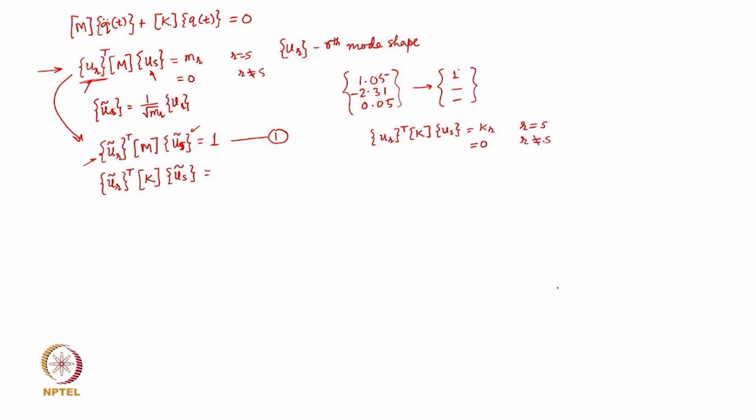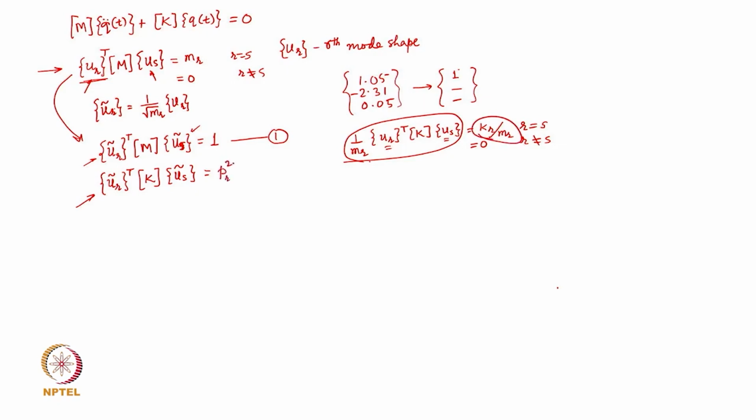to S. So, now if I divide this equation throughout by M_R, which means if I divide it by M_R on the left hand side and also divide by M_R on the right hand side, then this part is what I get here, because all these modal vectors are transformed to mass normalized modal vectors, which I represent by tilde on U. And on the right hand side, what does this represent?